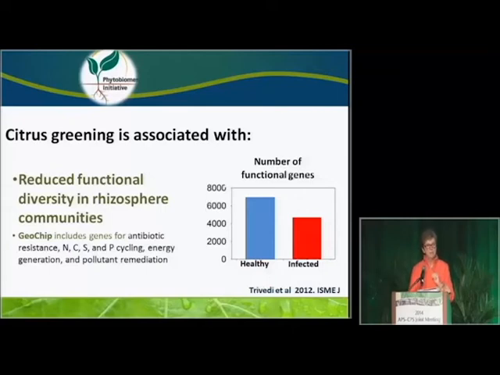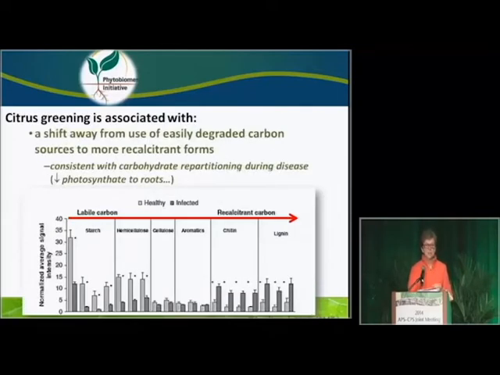And the relevance of those biochemical functions is that there was a shift away from the use of easily degraded carbons by these microbes in this community to sources that are more recalcitrant. This is consistent with carbohydrate partitioning that's related to photosynthesis. So photosynthates going to the roots is dropping.